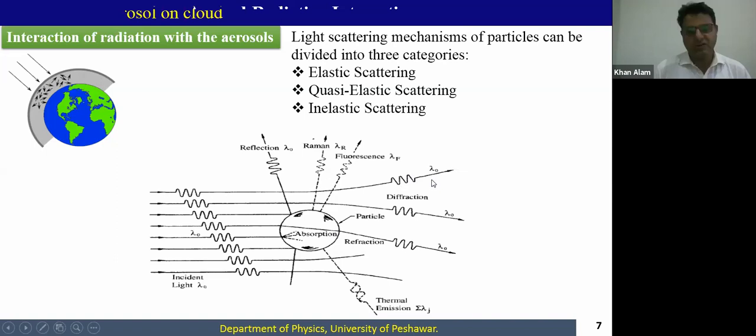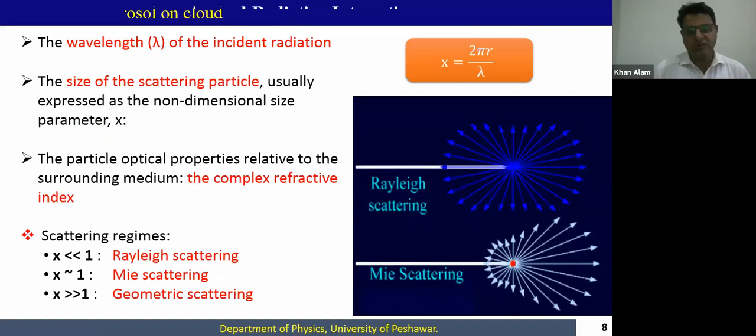But for aerosol radiation interaction, we are mostly talking about elastic scattering, which is the approach used by the Mie theory or Mie calculation. Scattering depends on different parameters. One is the wavelength of the incident radiation.